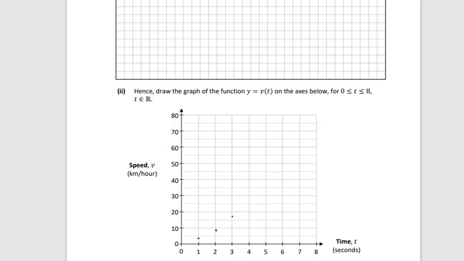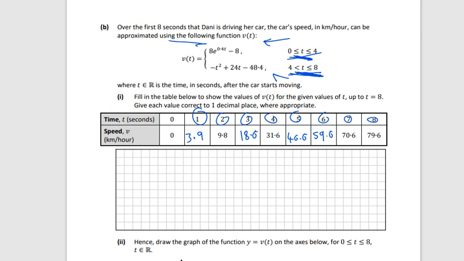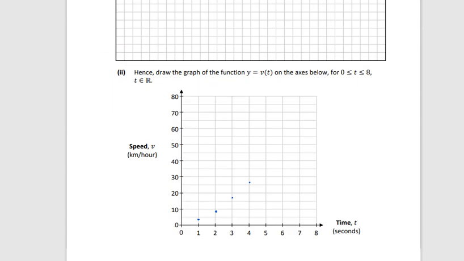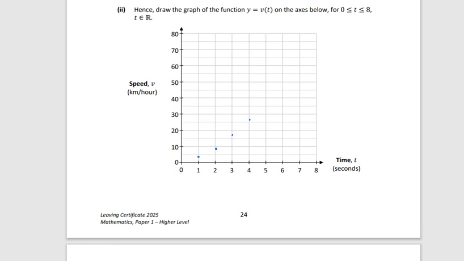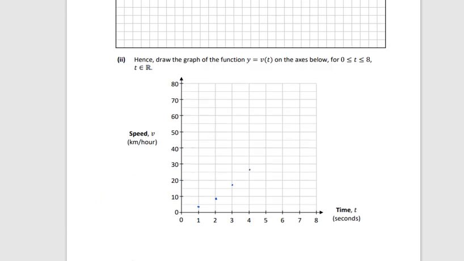And then you're just going to plot them on this. I think it goes up because the top one has e in it. Anytime you have an e in it, it's going to rise exponentially. So it's going to rise like that. That's the first bit of the graph. And then 5, 46.6, there.